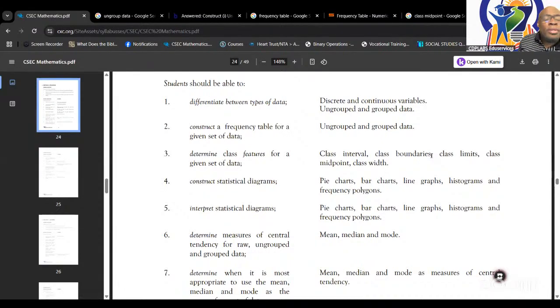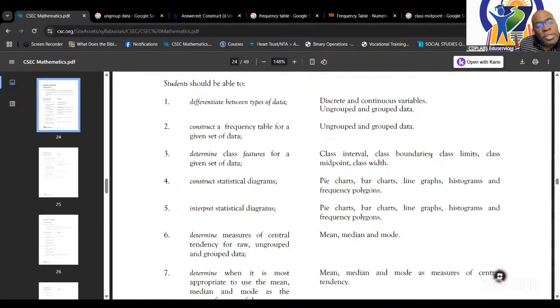Now, if you're going to construct statistical diagrams, pie charts, bar graphs, line graphs, histograms, frequency polygons. Now, the pie chart really, of course, is a circle.